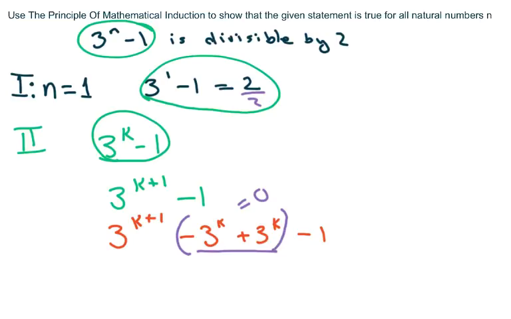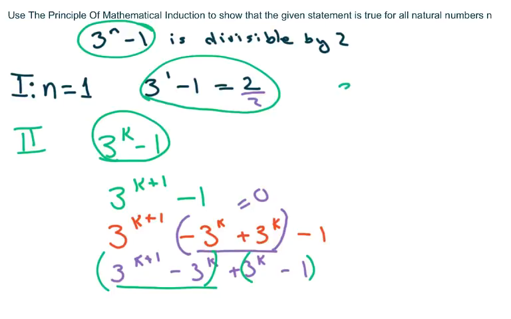So now I'm going to write this again. So we have 3^(k+1) minus 3^k plus 3^k minus 1. And I'm going to factor each piece. So I'm taking this piece and this piece. And this first part I'm going to factor out 3^k. When you factor out 3^k, you're going to get a 3 minus 1. Okay, and then we still have this plus 3^k minus the big 1.